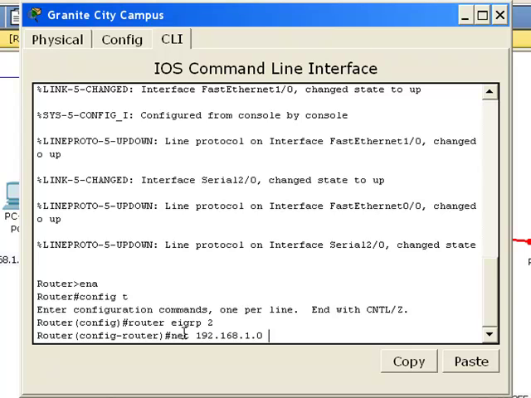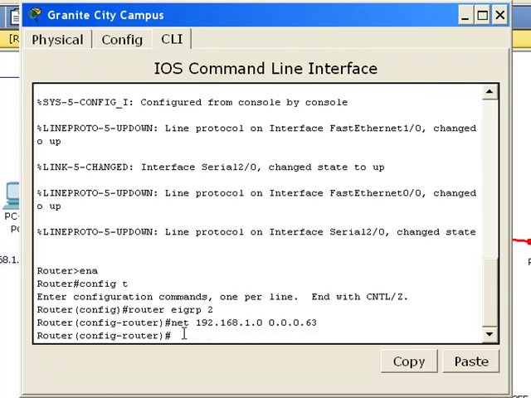So since I have 3 interfaces here, I may only want 2, so I'd only put in 2 network statements. But I do want to put in all 3. So we put in the word network, we put in the IP address of the network, and then we use a wildcard mask instead of the subnet mask.